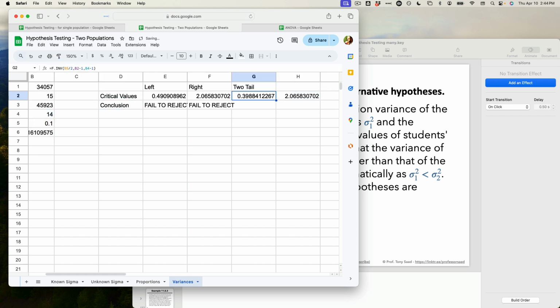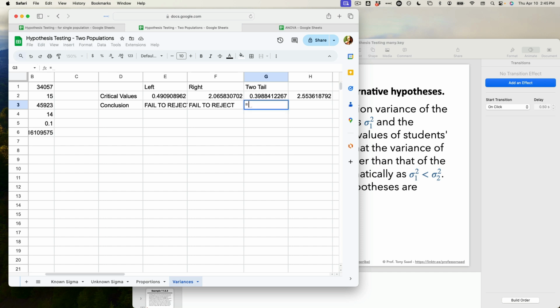Okay, so for a two-tailed test now, alpha over 2. If we were doing a two-tailed test, then our rejection region is in the two tails. So we have to check if our sample statistic is either in the left rejection region or in the right rejection region. So this would be an OR statement here for two tails. There's an example with two tails at the end of this.